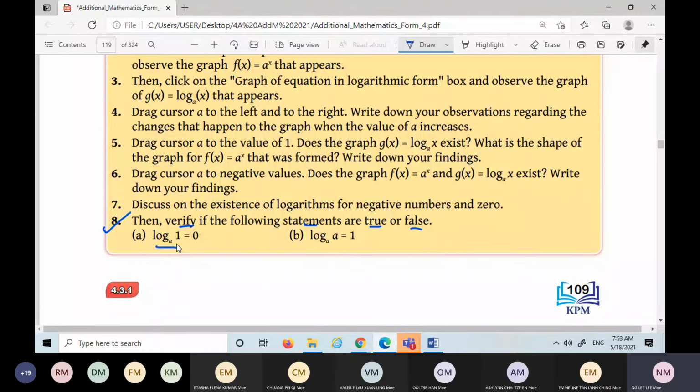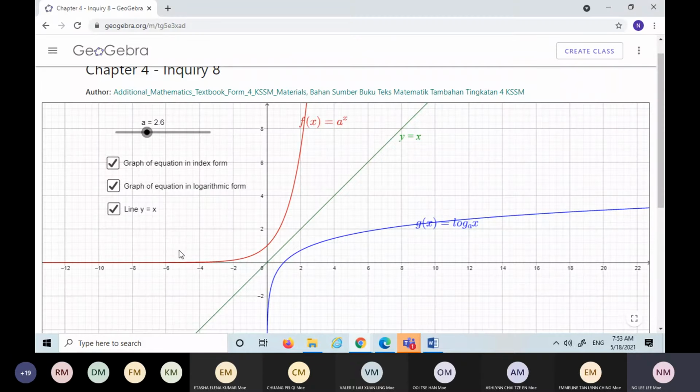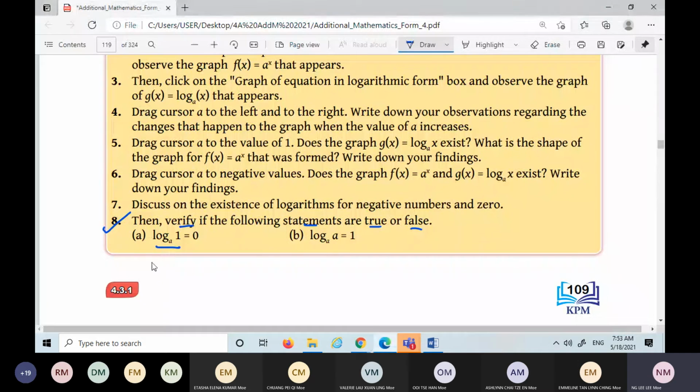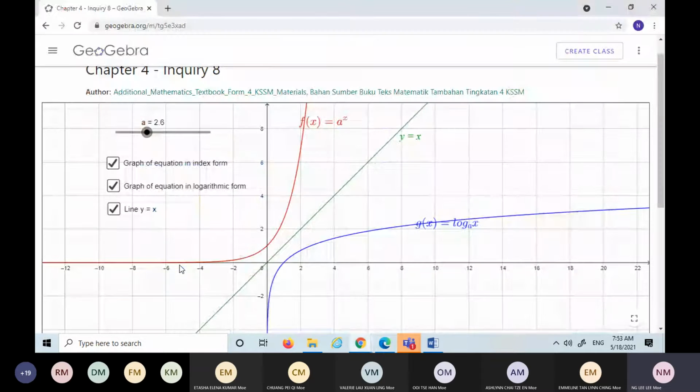If you see the graph, g(x) is equal to log_a x. So now the x is 1. We see the y value of g(x). X is 1, here, this one. And then the y value is 0. So this one is correct.